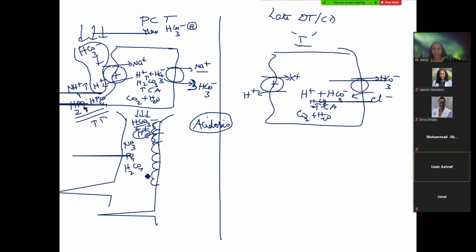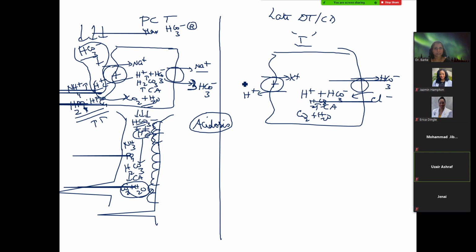Carbonic acid, and that will dissociate into carbon dioxide and water because carbonic anhydrase is present even in the lumen. Once carbon dioxide is regenerated, it will get recycled back. So in acidosis, what will happen to filtered bicarbonate? We take it back. How? Bicarbonate will react with some of the H plus and regenerate carbon dioxide and water, and it is recycled back as CO2. So all these mechanisms get enhanced.